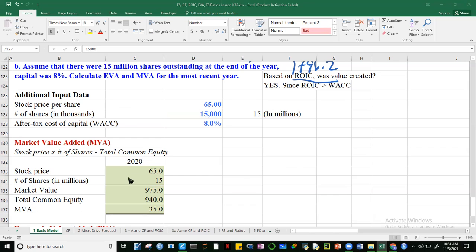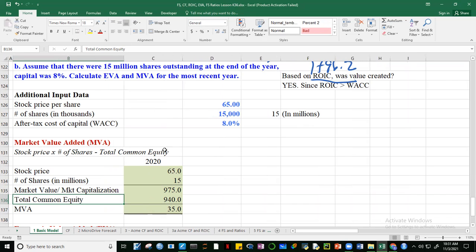All right. So the stock price is given at 65 pesos per share. Now, how many shares are there in millions? So you have 15 million shares. To compute for the market value, or what we call the market capitalization, we just multiply the number of shares with the stock price.